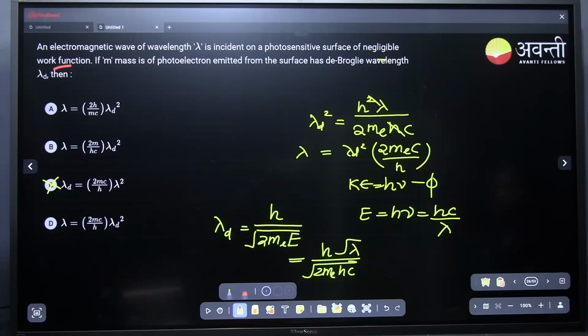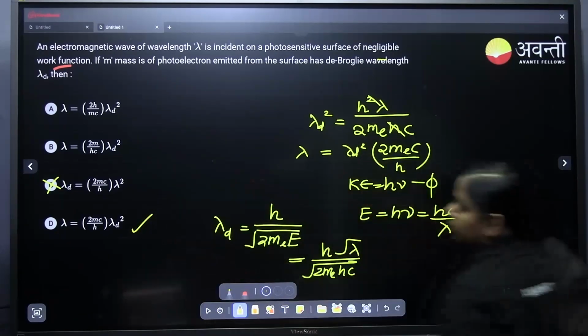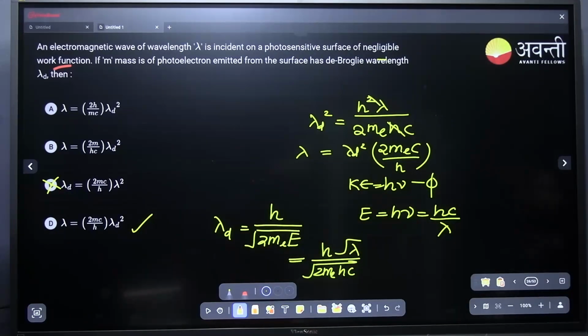This is the answer. So option D is the answer. Is that clear?